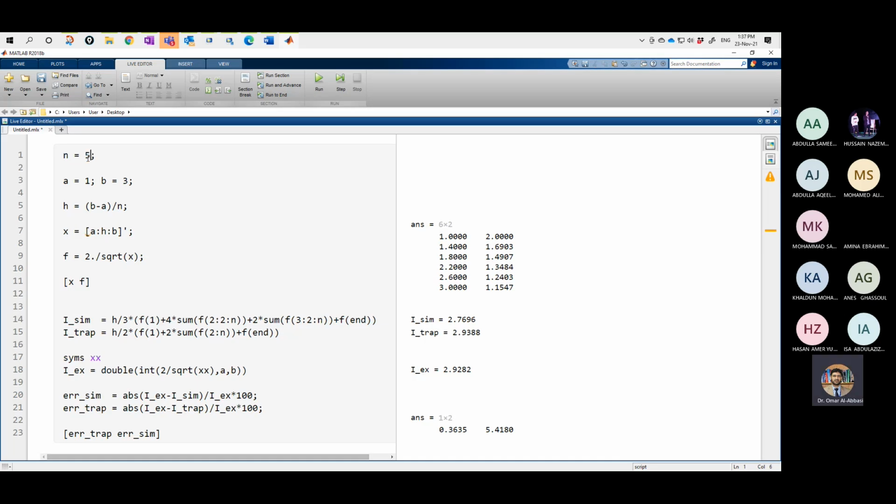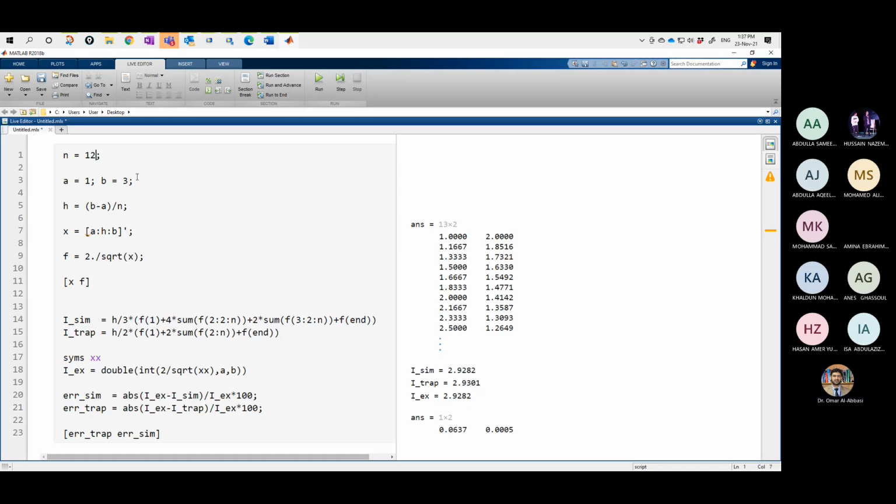Now using 6 intervals, look at the error. Oops, it's way smaller than the trapezoidal rule. And for 11, for example, it is not good for an odd number of intervals.